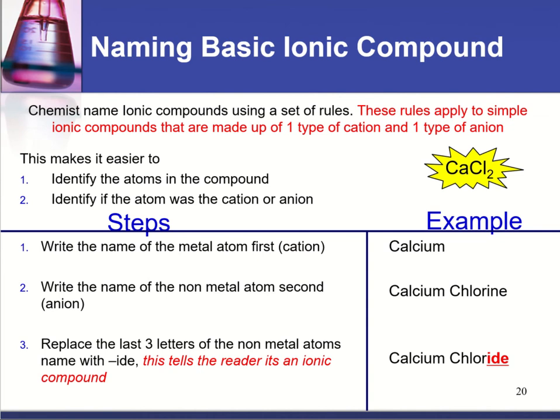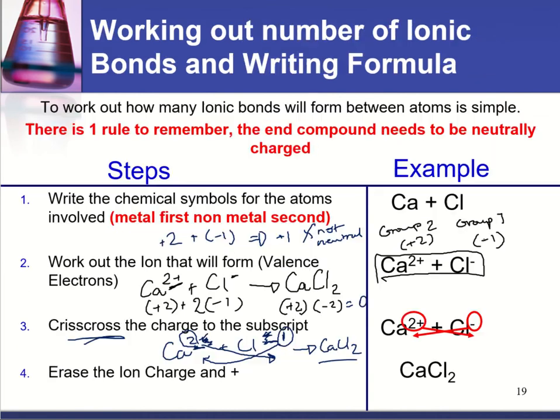The other way we can go about it is, let's use sodium chloride as an example. So sodium is +1, chloride is 1 minus. You can see that the charges are the same number. So if it's the same number charge, just get rid of the +1, get rid of the -1, and add the symbols together.